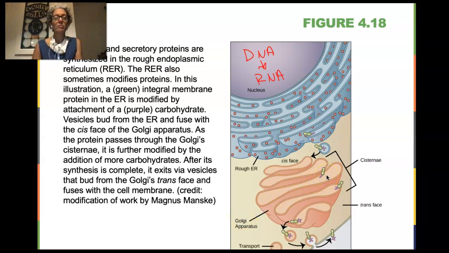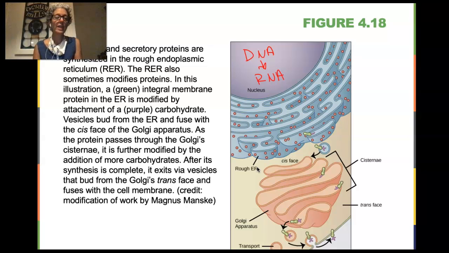When you look at an electron micrograph, I would be hard-pressed to look at it and tell you which one is which, except that the rough endoplasmic reticulum would be right next to the nucleus. The Golgi is, however, instead of wavy, continuous membrane, that's what the reticulum part of that word means.